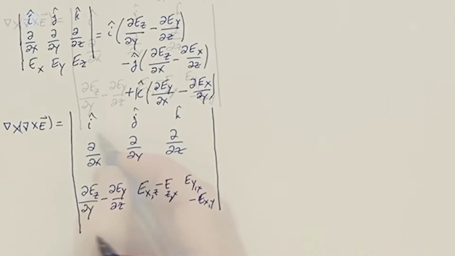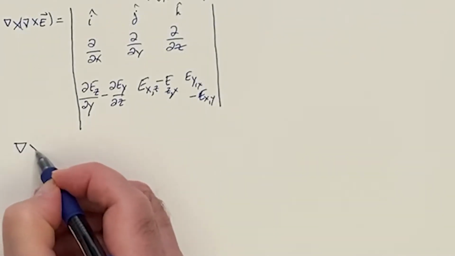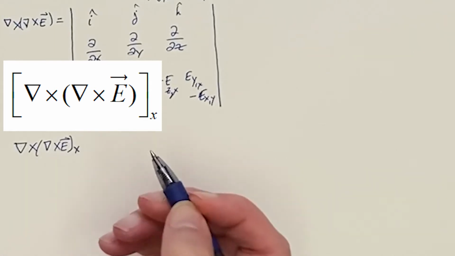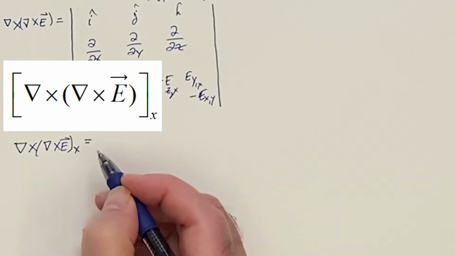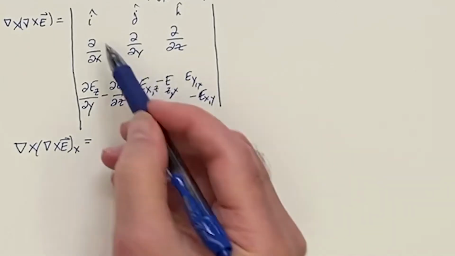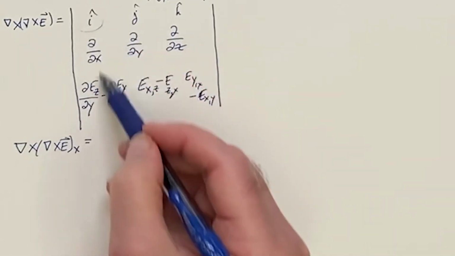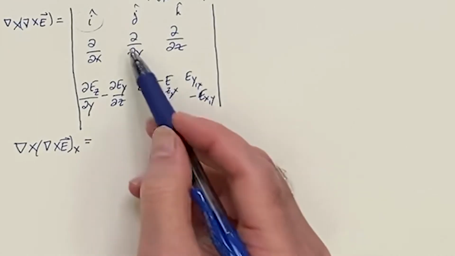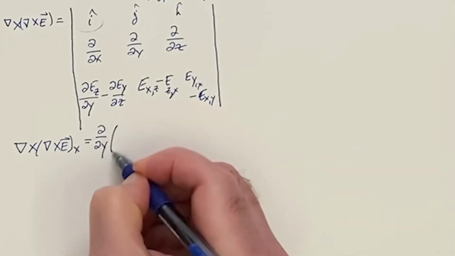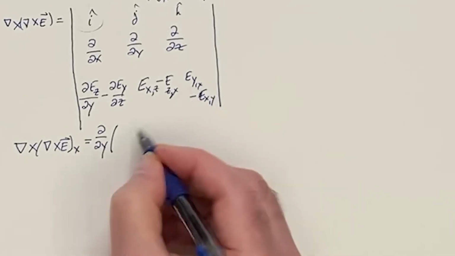So let's do the first component. Let's go del cross E. If we do the x component, we're going to be able to understand what's going on rather than do all three. So the first component, that's when you take this thing and cross out that, and you're going to have the partial of y on this thing, and I'll go ahead and write these out.